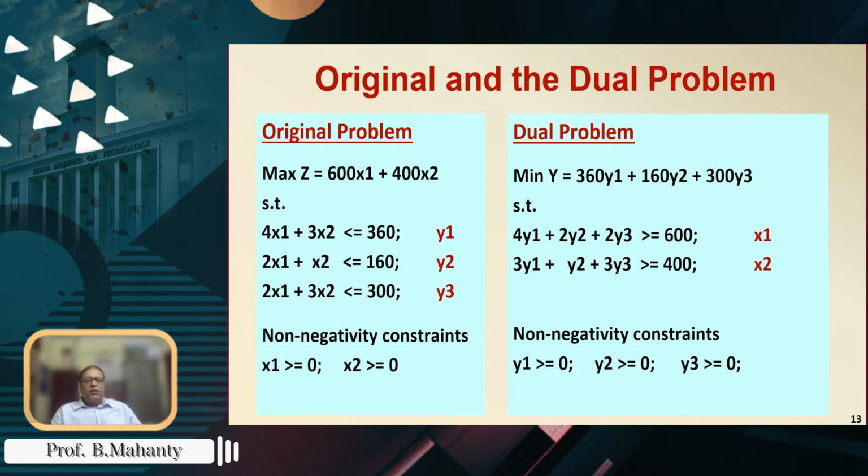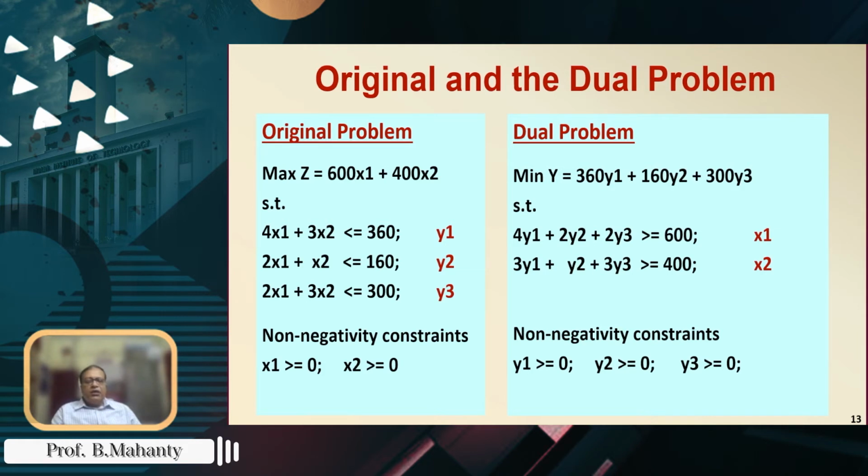All right. So now the dual problem is maximization. What should be the objective function? The objective function should be 600 x1 plus 400 x2, because these are the right hand side of the constraints and these are the dual variables. Should it be maximization or minimization? It should be maximization. Why? Because the original problem here, that is our dual problem, is minimization.